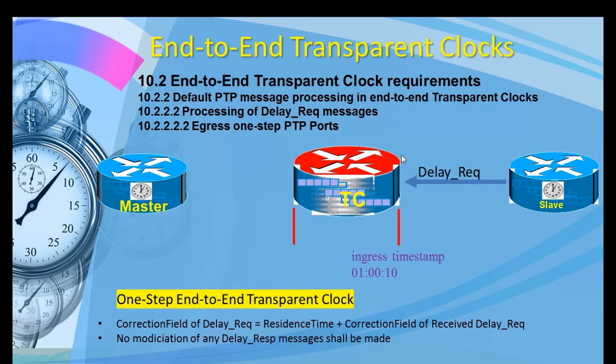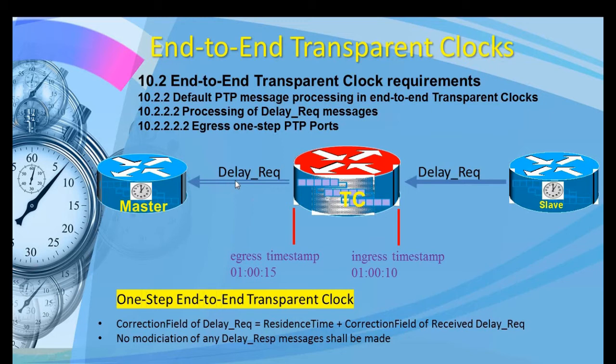After the delay request message reaches the ingress port on the transparent clock, we make an ingress timestamp. After the delay request message goes out the egress port on the transparent clock, we make another timestamp called the egress timestamp.